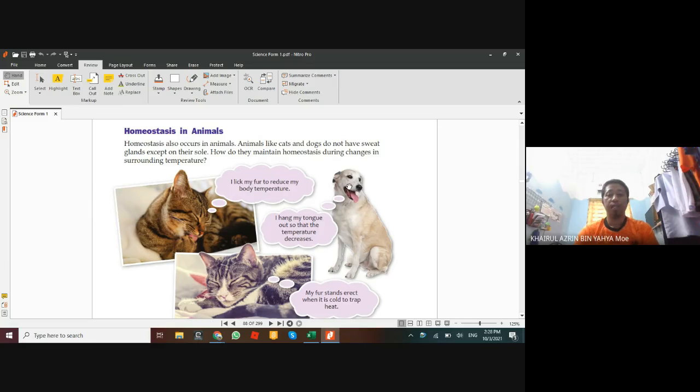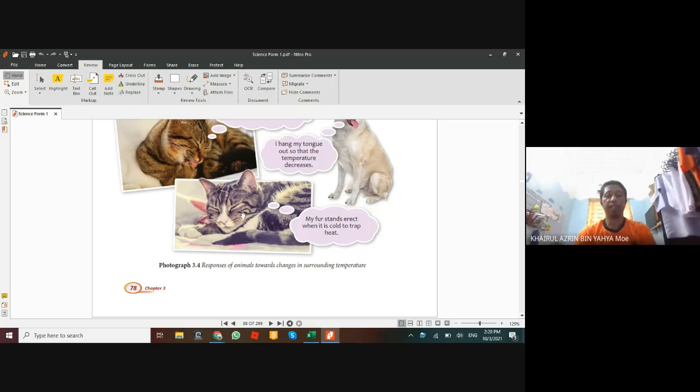This dog, I hang my tongue out so that the temperature decreases. When it puts out its tongue, its body temperature will decrease. And the third picture here: my fur stands erect when it is cold to trap heat. The cat's fur, when it is cold, will stand up to trap heat so that its body is warmer.